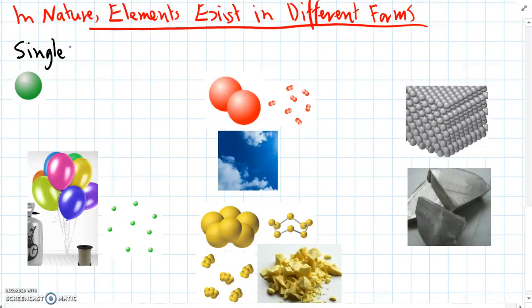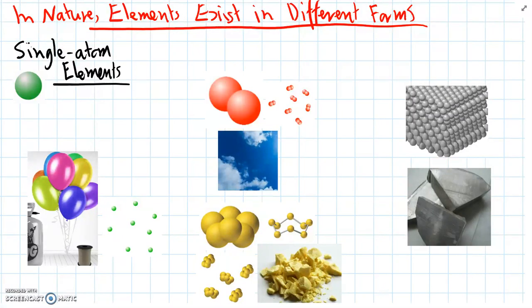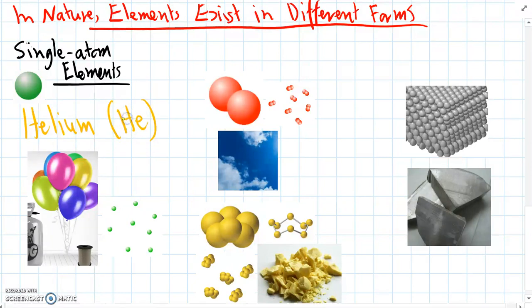We can call these single atom elements. And the proper scientific name is monatomic. One atom. An example of these elements is helium, which has the symbol He. So helium, when it exists in nature, is just a single atom, and they fly around on their own as a gas when we're at room temperature.